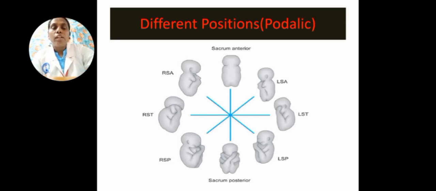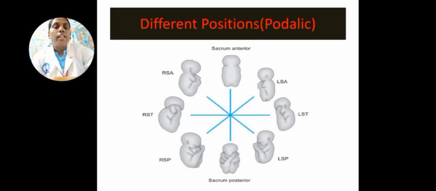So the sacrum of the fetus is facing the female pelvis sacrum, we say sacrum posterior. If it is facing the symphysis pubis, we call the position sacrum anterior. When the sacrum is facing the right iliopectineal eminence, then the position is right sacro-anterior. Similarly, to the left is left sacro-anterior.